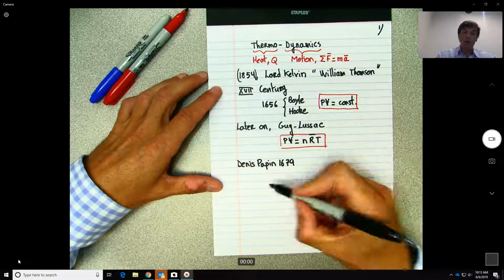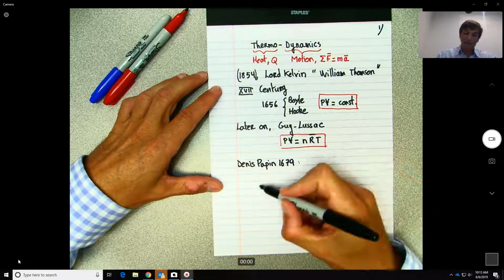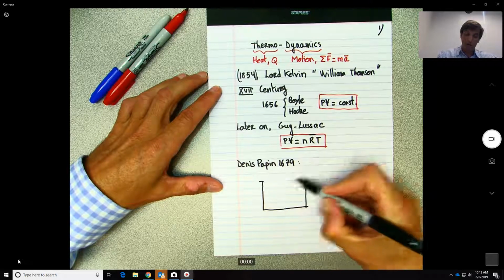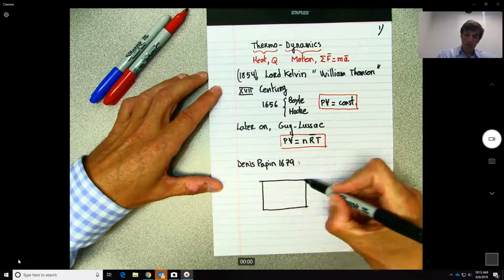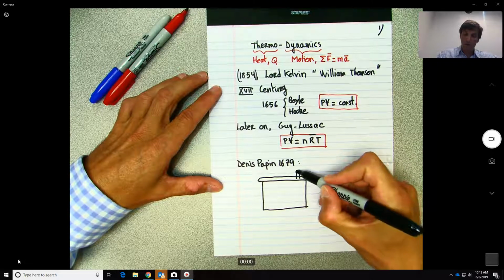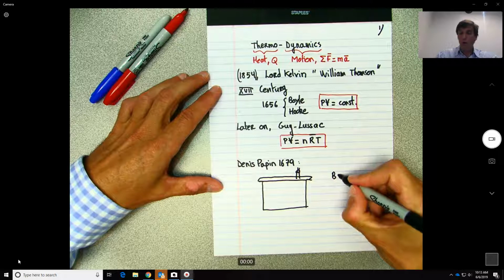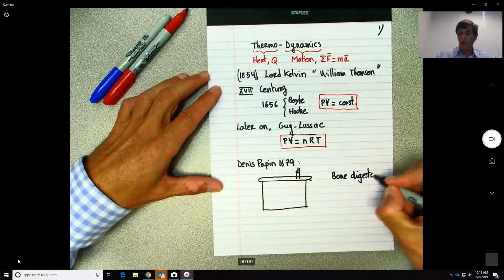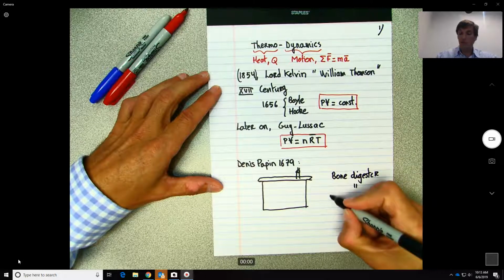Really, what he did is mention in his work something that he called the bone digester, but in simple words, it's just a pressure cooker.